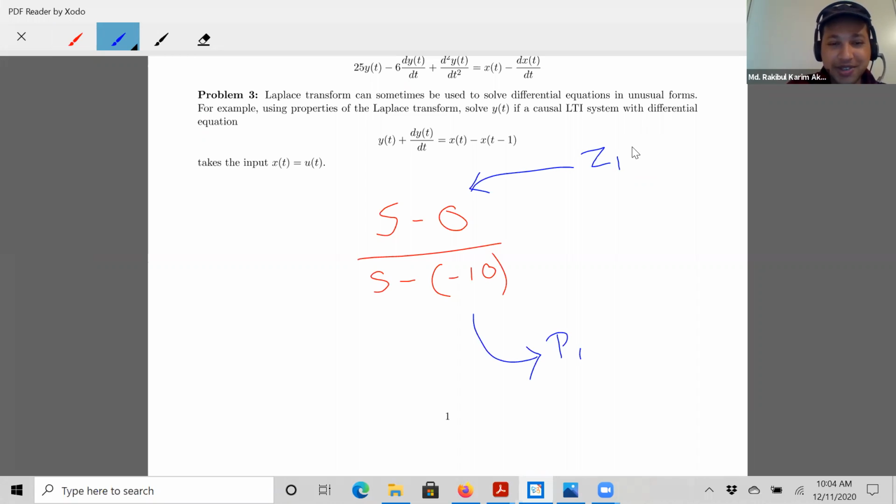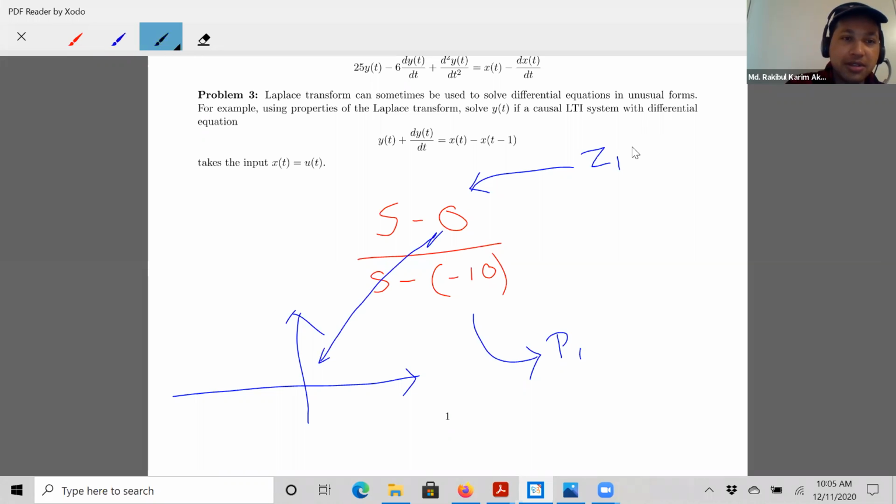actually 0 here. So if you draw it in the S-plane, then this zero term is here, 0 is here, and the pole is at minus 10.